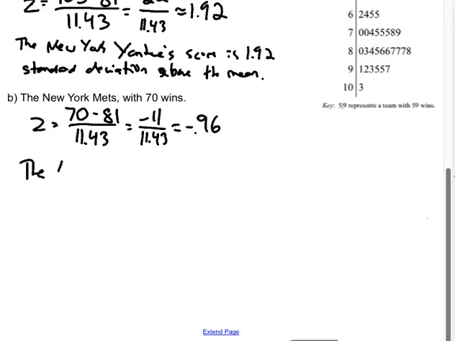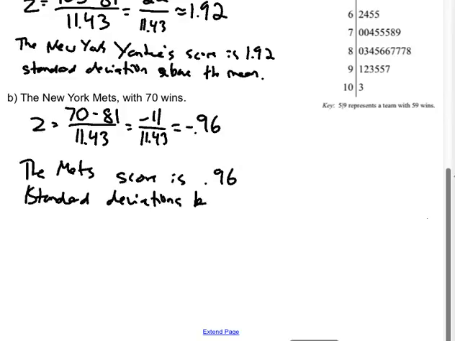So the Mets' score is 0.96 standard deviations below the mean. Remember, that's what a negative z-score means, that it is below the mean, less than the mean.